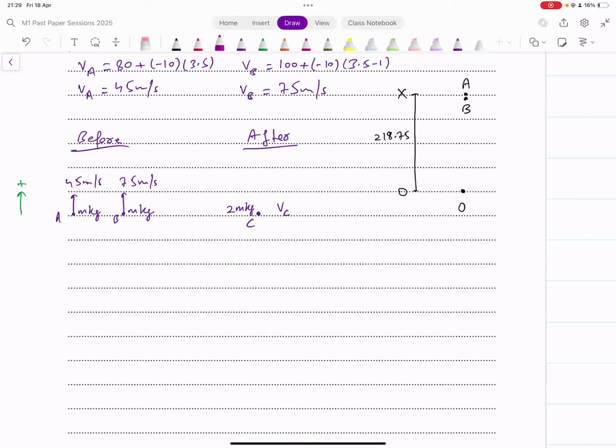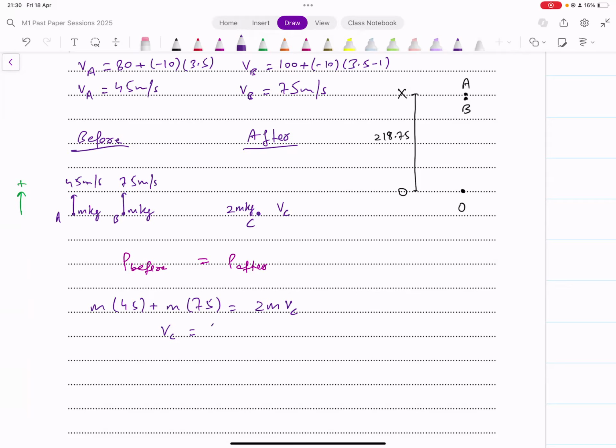Now let's apply conservation of momentum. Momentum before collision equals momentum after collision. Momentum before collision, we're considering upwards positive. Mass of A, that is m, into velocity of A, that's 45, plus mass of B, which is m, into velocity of B, that's 75, equals mass of C, which is 2m, times velocity of C. Now m is going to get cancelled, and we get the velocity for C. What does that turn out to be? 60, right?